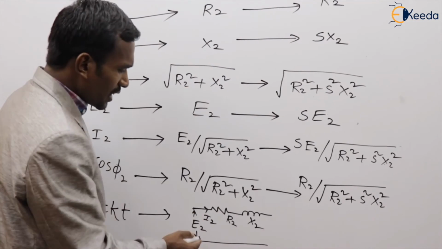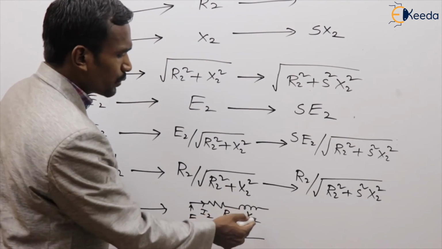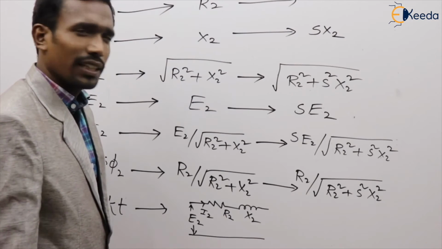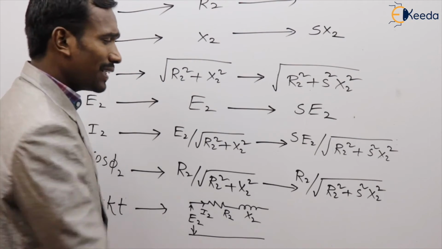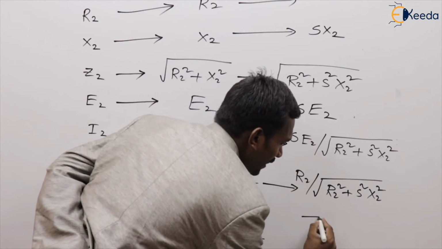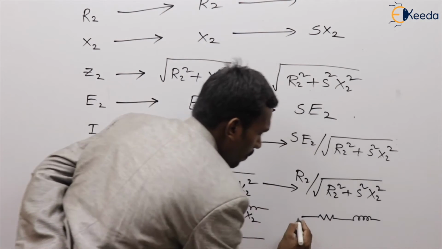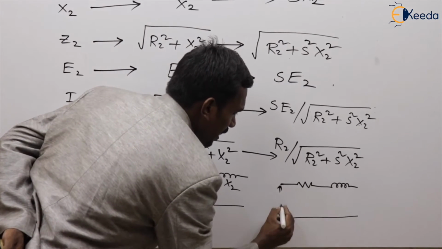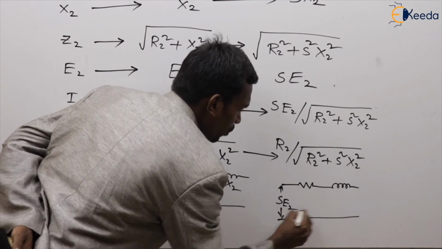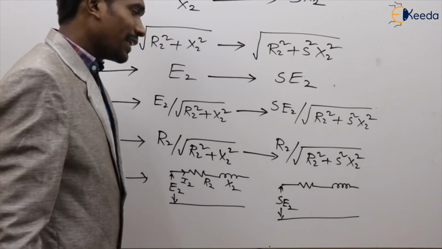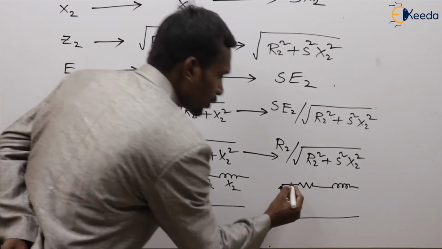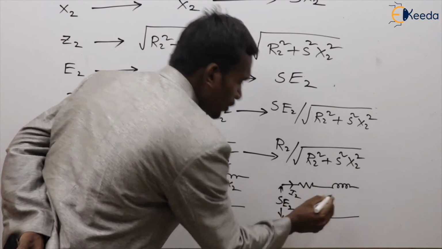At starting condition, E2, I2, R2, X2. But at running condition, my EMF is S into E2. At running condition, EMF is S into E2. My current is I2.